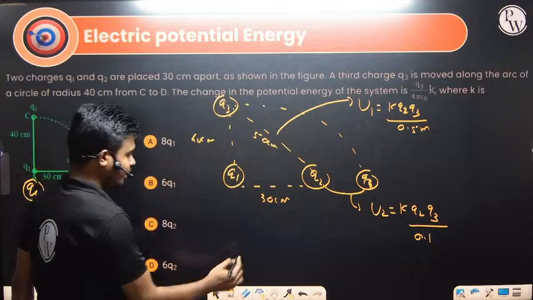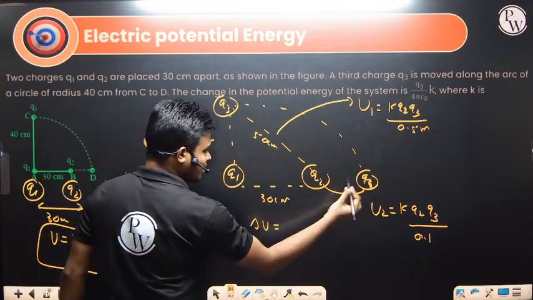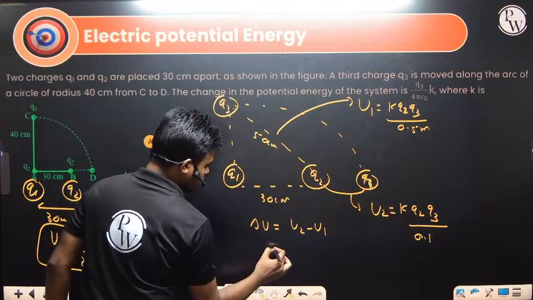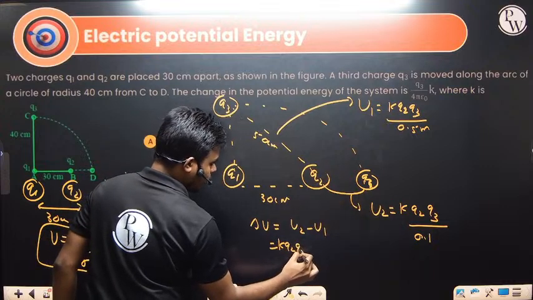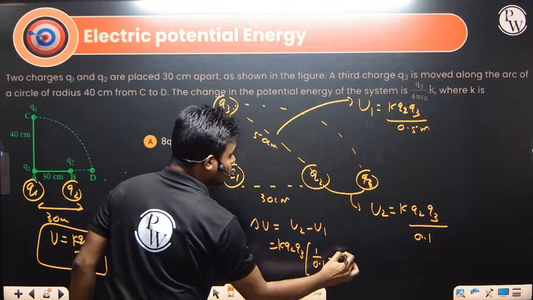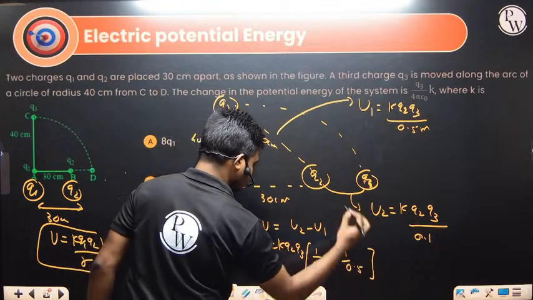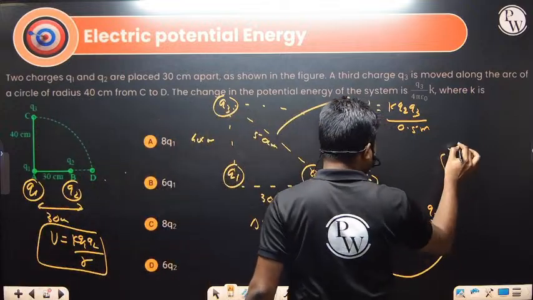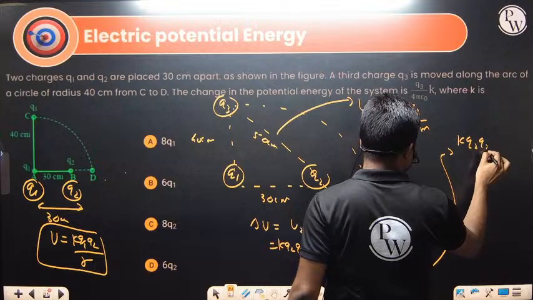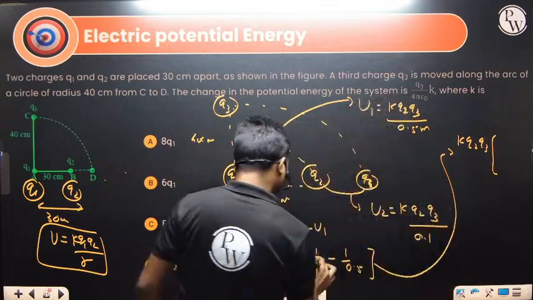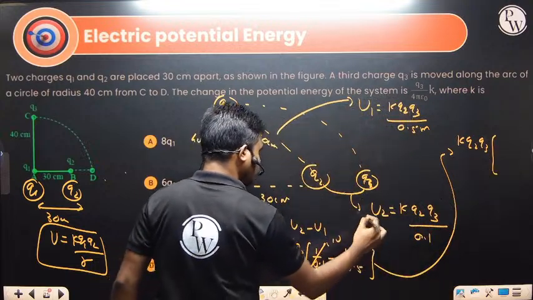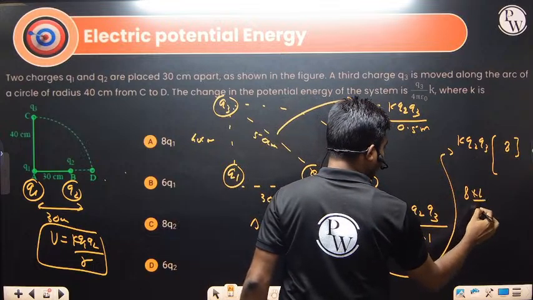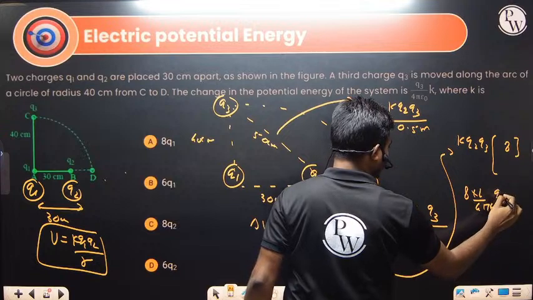That's it. So delta U, final minus initial, is U2 minus U1. If I take K Q2 Q3 common, it is 1 by 0.1 minus 1 by 0.5. So how much are we getting? Solving this, we write K Q2 Q3 times, this one is 10 and this one is 2, 10 minus 2, how much? 8. So we are getting 8 into 1 by 4 pi epsilon naught Q2 Q3.